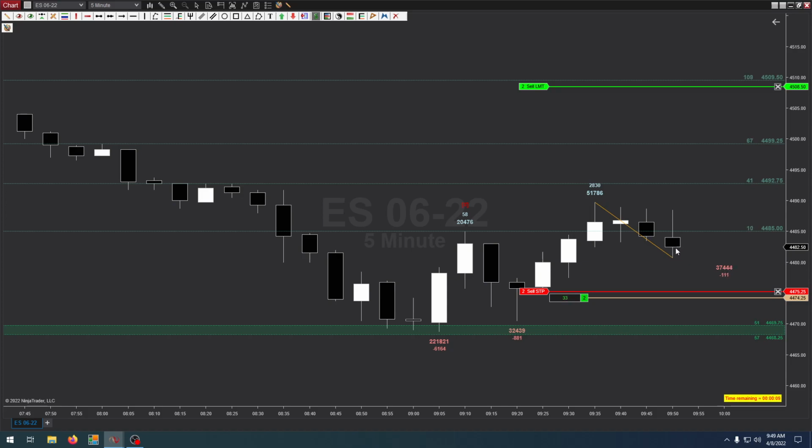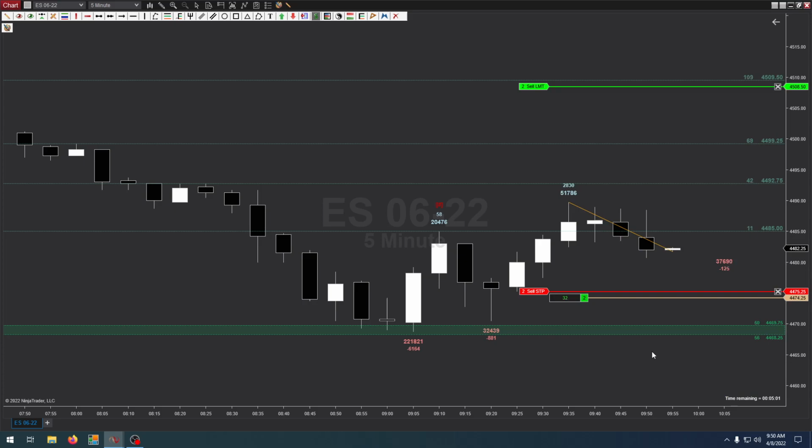Do we get a confirmed swing short and then roll over? That's going to be the question here. All we need to do is take out this low and confirm a swing short, which we do want, because it strengthens the move up.